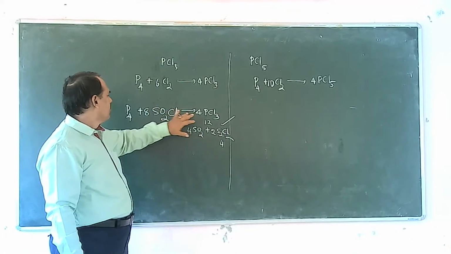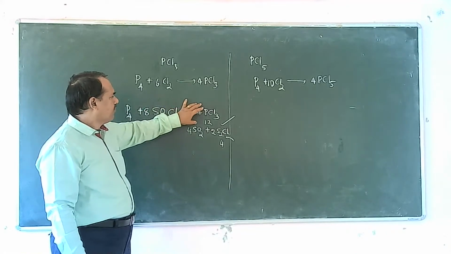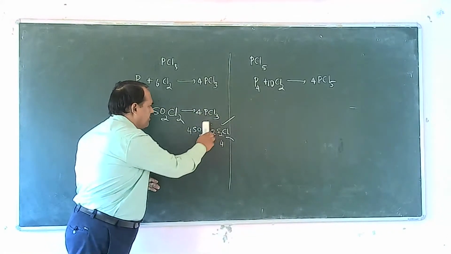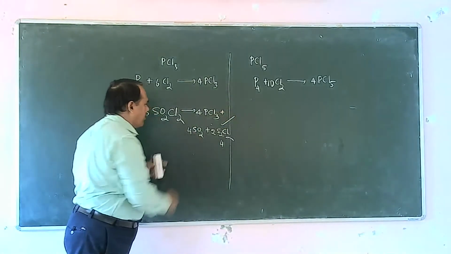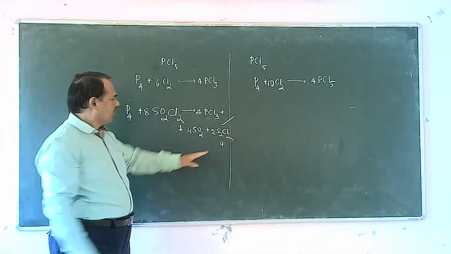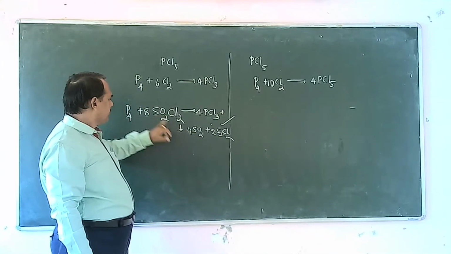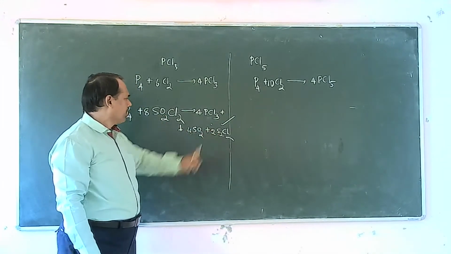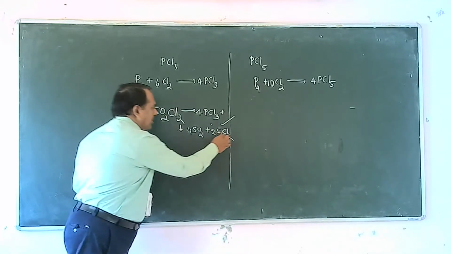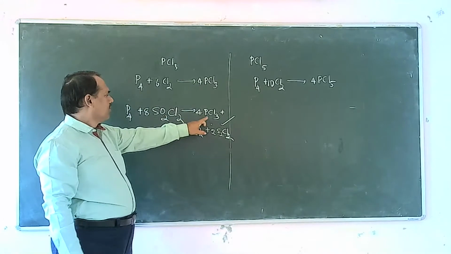So P4 plus 8 SO2Cl2 gives 4 PCl3 plus 4 SO2 plus 2 S2Cl2. Are you clear? So 8 sulfur atoms, 4 here and 4 here. Are you clear? Then chlorine 16 atoms, 8 to the 16.